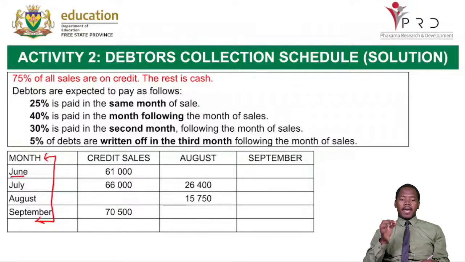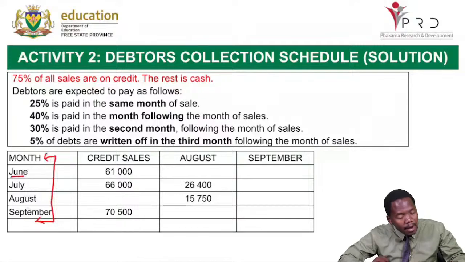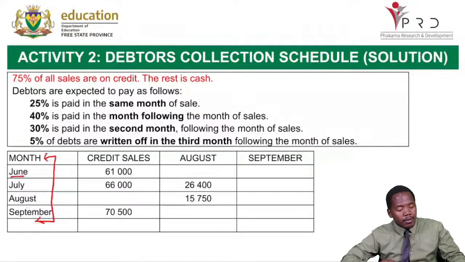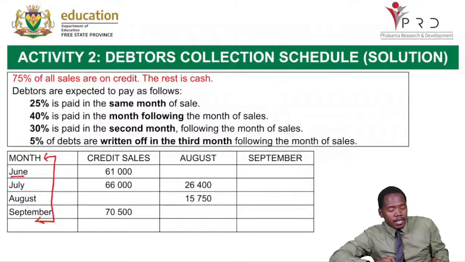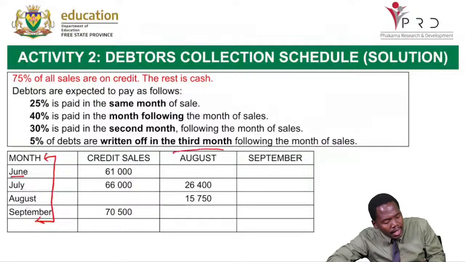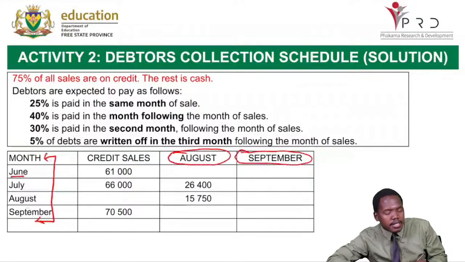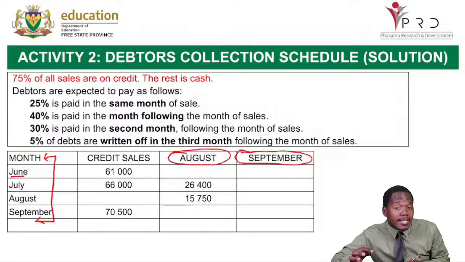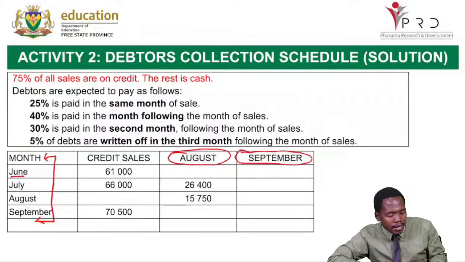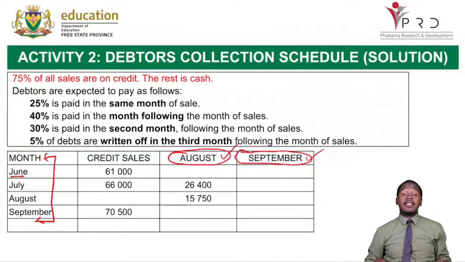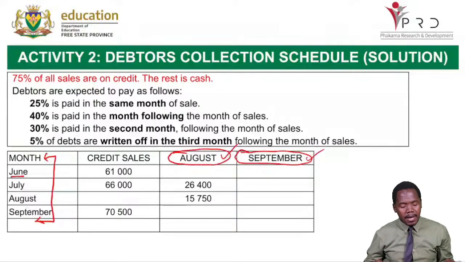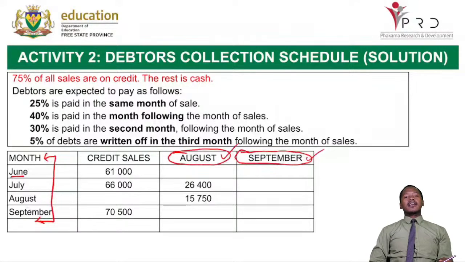Now, let us do the payment pattern, the collection pattern. What are we going to be doing when we sell in June? First thing we need to know, what are our focus months? Our forecast as well as our focus months are the months of August and September, meaning anything affecting August and September will be calculated and recorded.